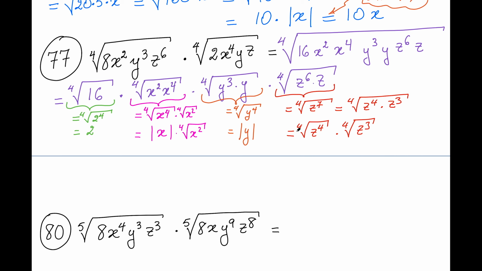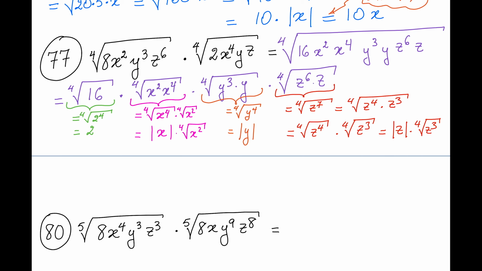And that is no different than the ones before, but the name of the variable is changed, so this is the absolute value of z. So the absolute value of z times the fourth root of z cubed, right? Okay.